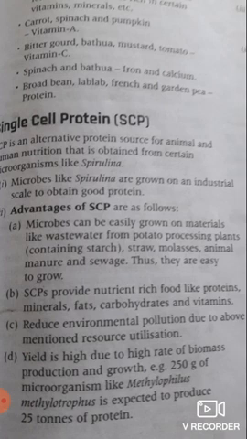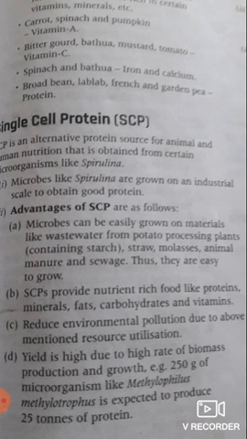For this high yield, we can take an example from our books. 250 grams of microorganisms like Methylophilus or Methylotrophus is expected to produce 25 tons of protein. If we take 250 kg of cow milk, we can get only about 250 grams of protein out of that.